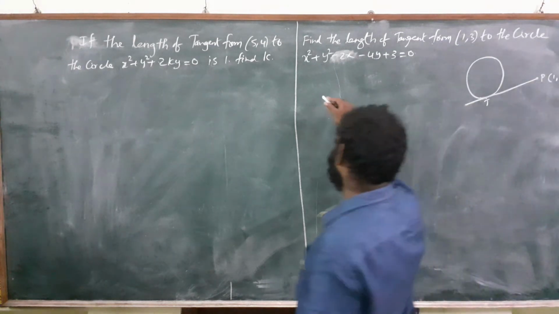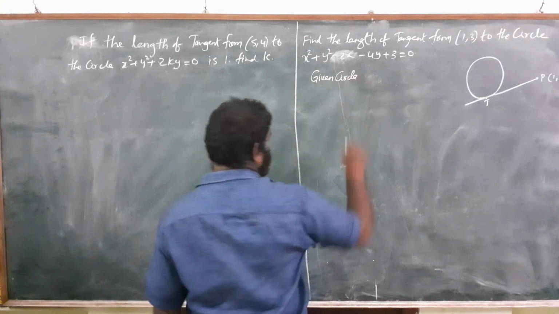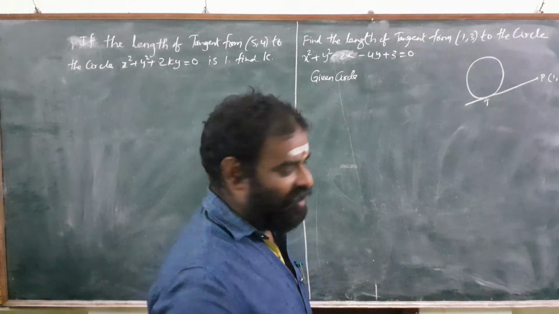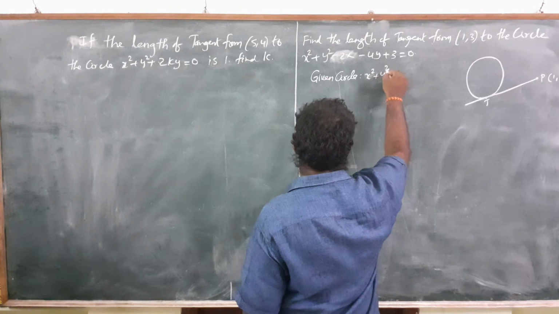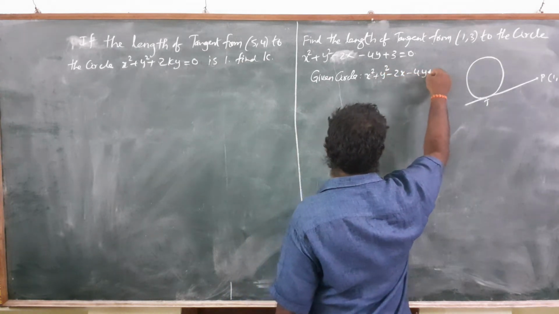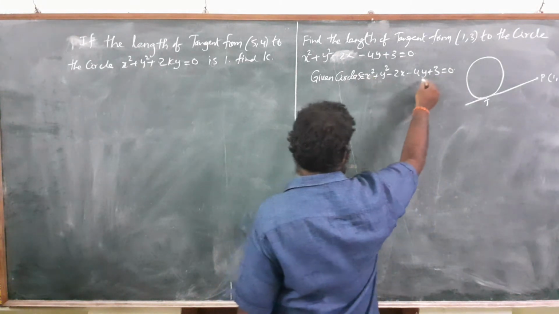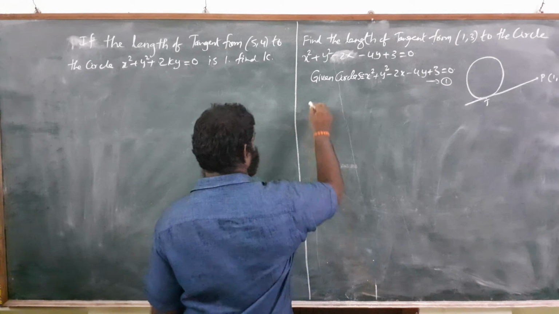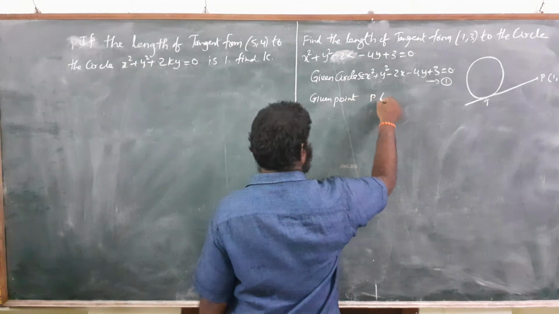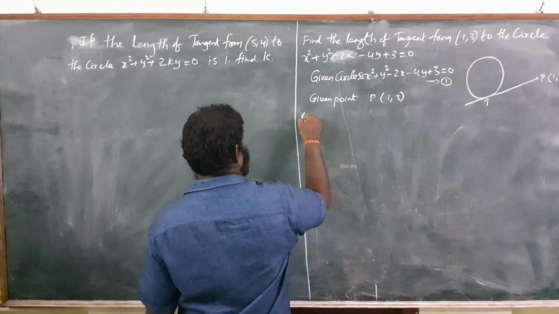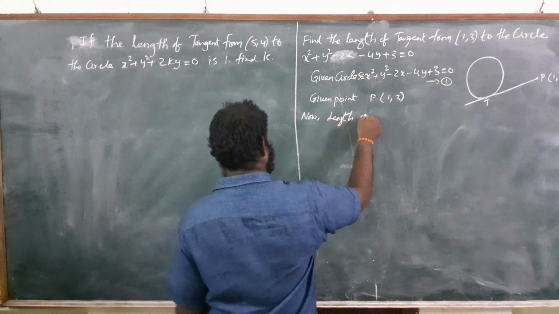So to find the length of the tangent, what is the given circle? x square plus y square minus 2x minus 4y plus 3 equal to 0. This is S identical to 0, the first equation, and a given point P(1, 3). Now what you have to find out is the length of the tangent.